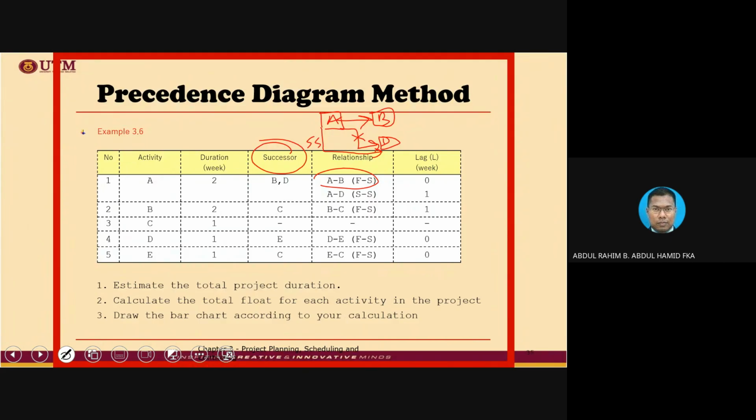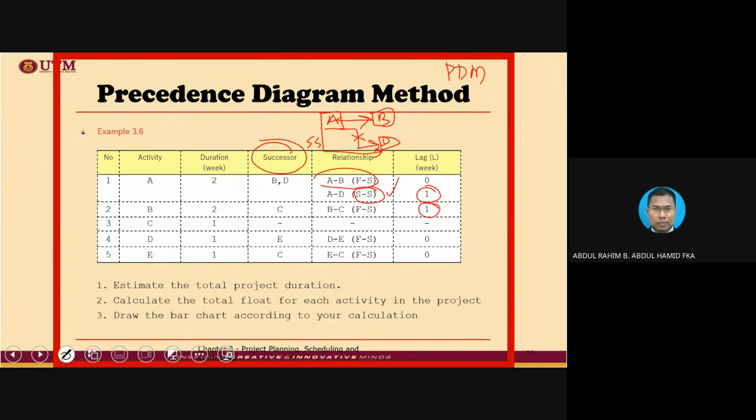When you notice the relationship do have variation other than finish to start, then you know already this is not a typical AON diagram. It is being classified as PDM. Why? Because it do have different types of relationship other than finish to start, and it also has lag.